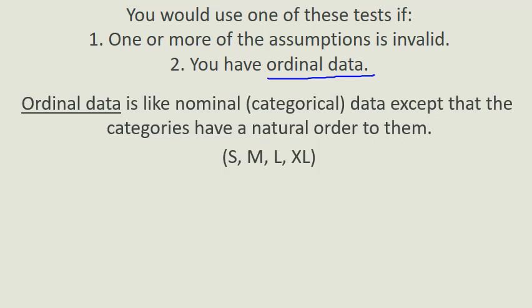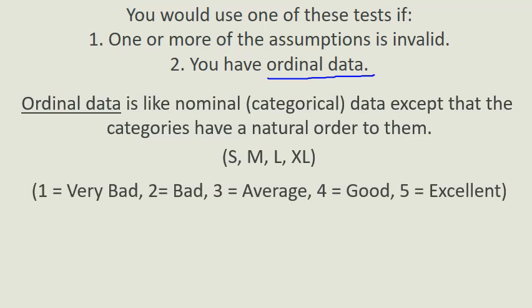So they are ordinal data. Or when you rate a restaurant on a scale of very bad to excellent, this is also ordinal data. This type of data doesn't fit in with the things we've done before. They are more than just categories, but not on the same level as quantitative numbers. These tests are the only way to adequately deal with them.